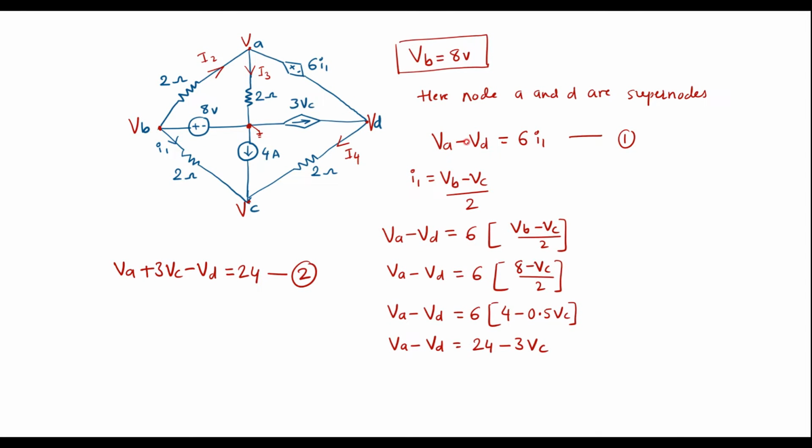So now, as I said, node A and D are super nodes. We also know that algebraic sum of currents at super node is 0.